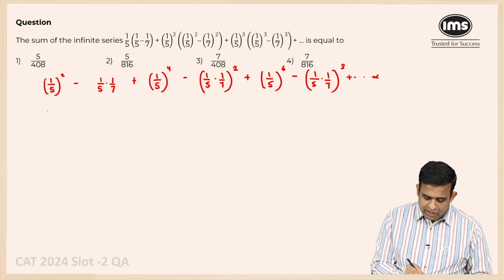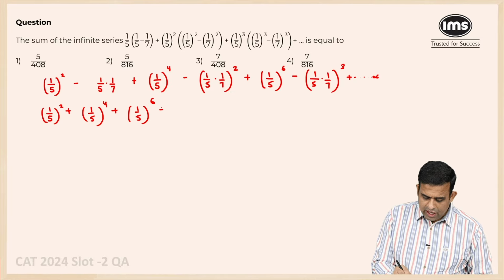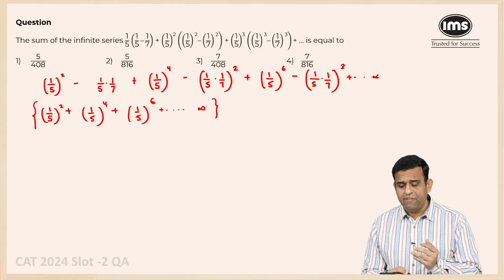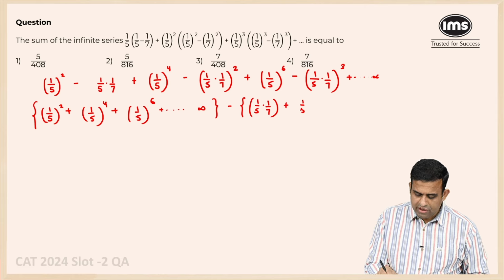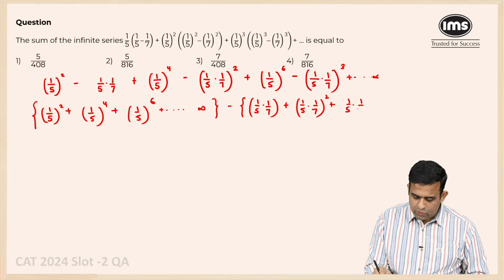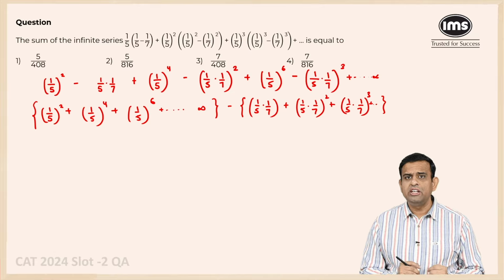If I combine the positive terms, 1 by 5 square, then 1 by 5 raised to 4, 1 by 5 raised to 6, and so on up to infinity in one bracket, and combine the negative terms together, minus 1 by 5 into 1 by 7, then 1 by 5 into 1 by 7 square, then 1 by 5 into 1 by 7 whole cube, and this also goes to infinity. So now I can clearly see two infinite GP sequences.